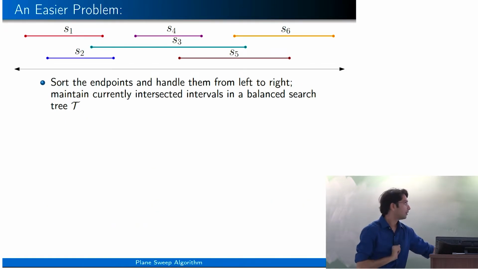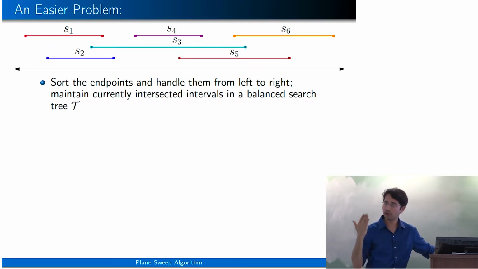So, this is my overall idea. But how to execute? Use your common sense. How do I know which event point comes after which? Sort, right?